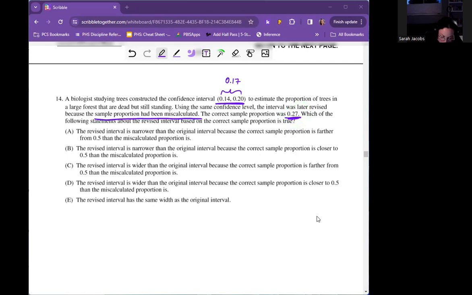Let's look at our answer choices. The revised interval is narrower than the original because the correct sample proportion is farther from 0.5 than the miscalculated proportion is. Well, 0.5 doesn't seem to play here.